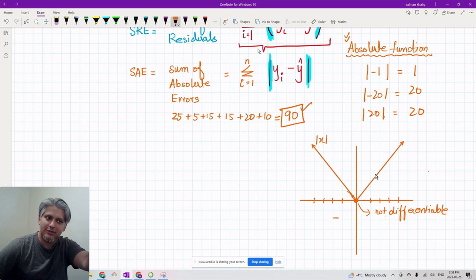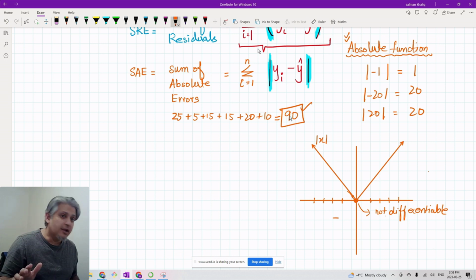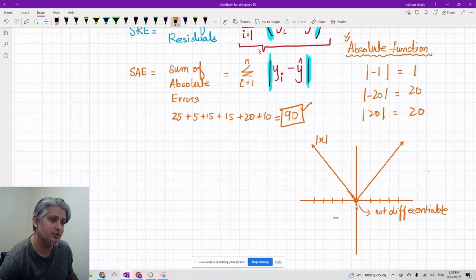In this absolute function, this is what is happening. A car is going in reverse. That means it has a negative gradient, negative slope, and suddenly without coming to rest, it started moving forward. That only happens in cartoons, and this is reality, so it doesn't happen over here. So this absolute function does not make sense at this particular point.